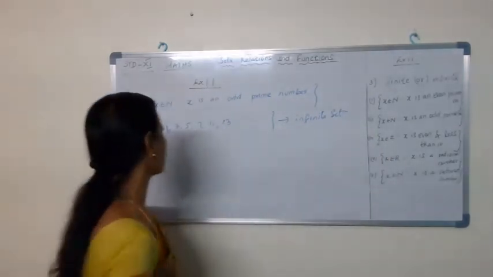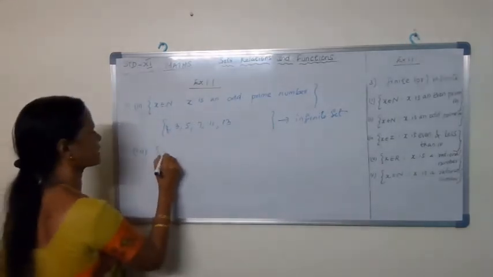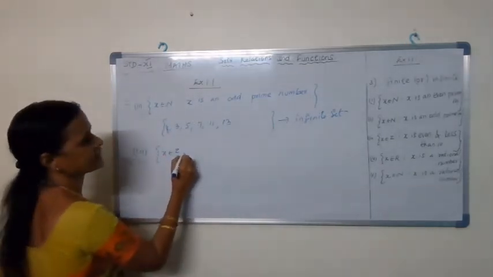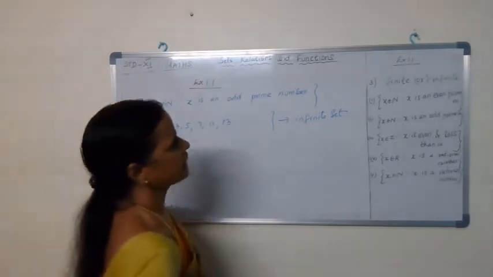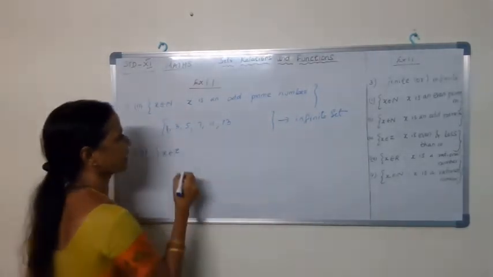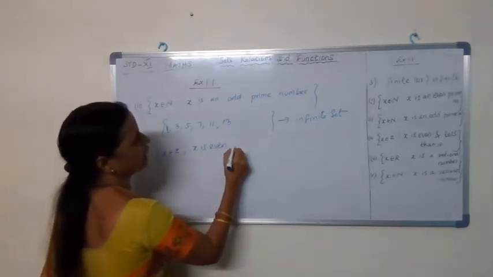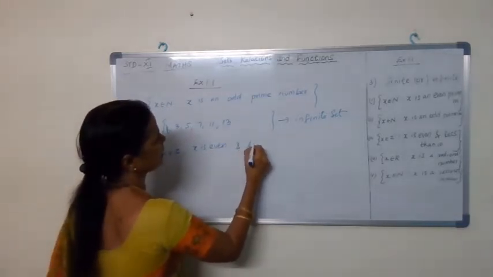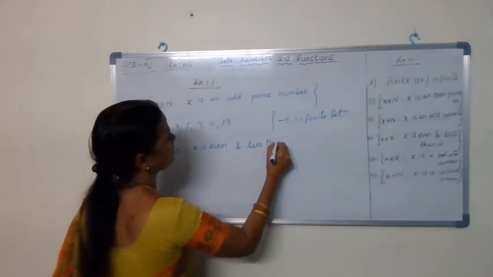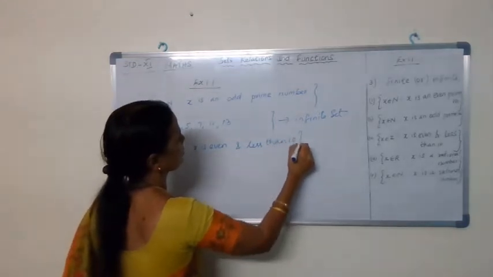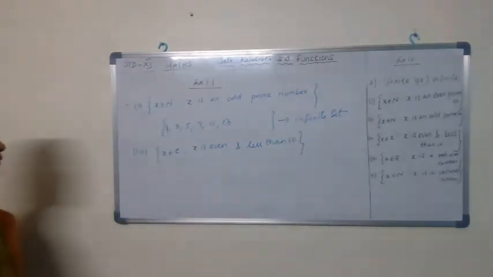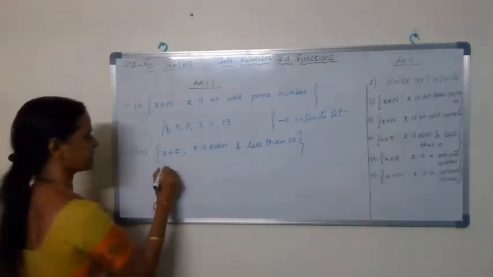X must be an integer. X belongs to Z, where Z means integers, and X is even and less than 10. What are integers?